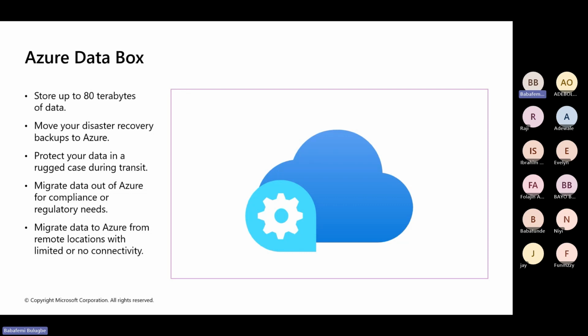You can also have your data backup in the cloud, even when you are using it on-premises. If you are still using your on-premises machine, you can still back up to the cloud. So Azure Data Box gives you that access to use the cloud service for your disaster recovery or for your backup.